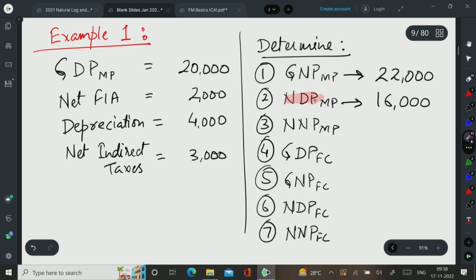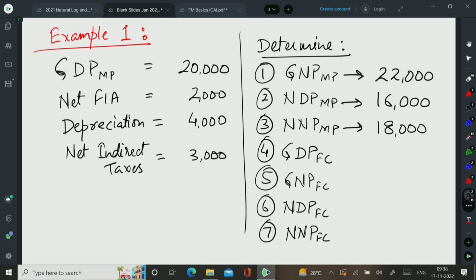Connecting domestic to national, what you have to do is consider net FIA, and if net domestic product at market price is 16,000 and net factor income from abroad is 2,000, I am going to simply add 16,000 plus 2,000 to arrive at net national product at market price, and that answer will be 16,000 plus 2,000, that is 18,000.